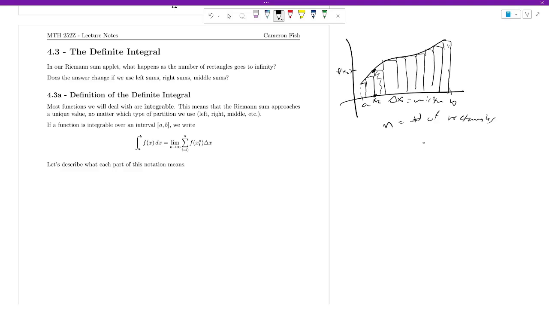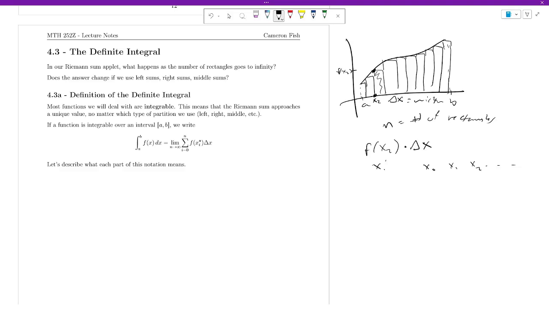And since the width is delta x, the area of that one rectangle is f of x2, the height, times whatever the width is, delta x. So that's one rectangle. We talked about using the symbol xi to stand for a generic rectangle, or sorry, the position on the axis corresponding to that rectangle.